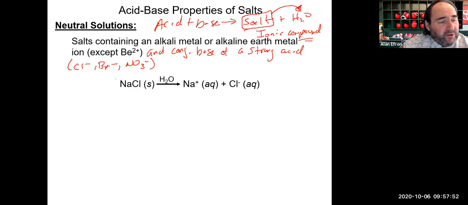If you have a salt that contains any of those guys, it's going to be a neutral salt. So we would expect it to have a neutral pH, which means we would expect the pH here to be 7.